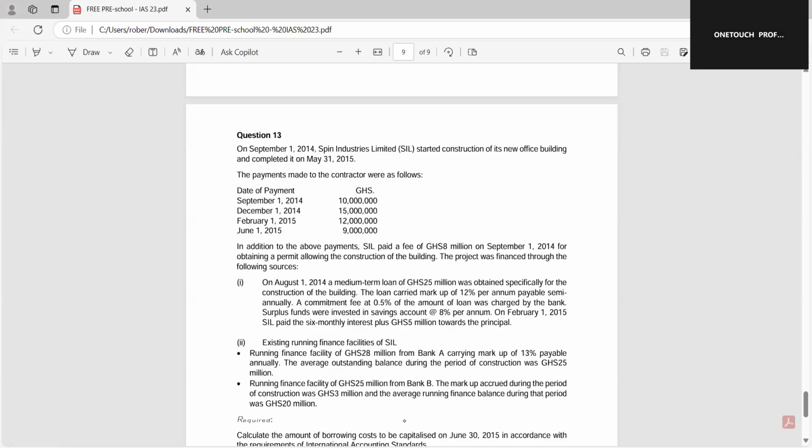So we took the 6,875,000, and whatever was left had to be financed using the existing borrowing, true or false? January, February, March, April, May. It's true. Well, you're right.